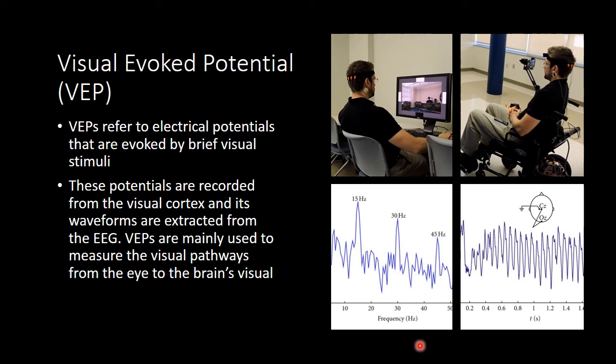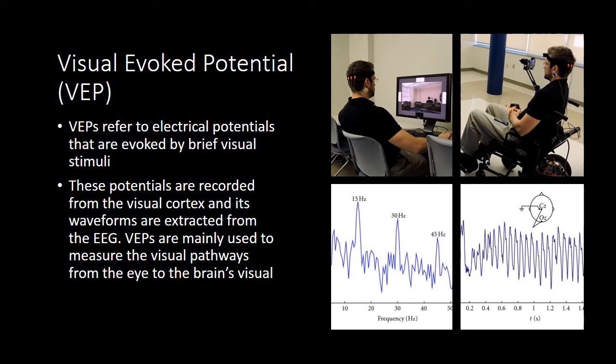The idea is when we stimulate the user with a light having a certain frequency, the EEG signals around the visual cortex will have peaks in the spectrum at the frequency components and its harmonics. In this method, the user faces the screen displaying several virtual buttons that flash at different rates.